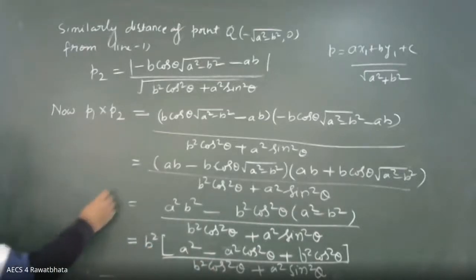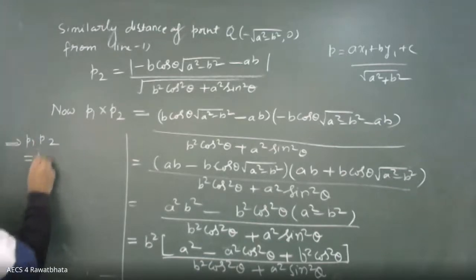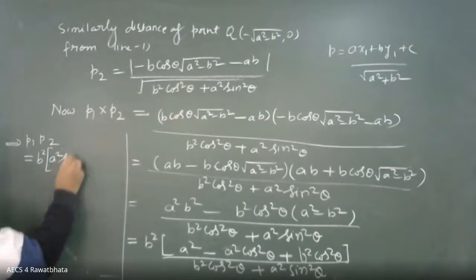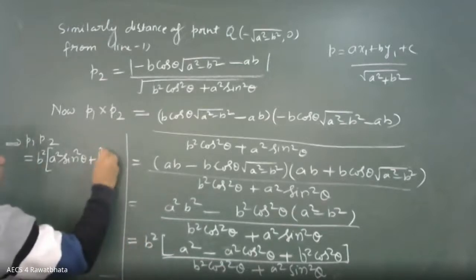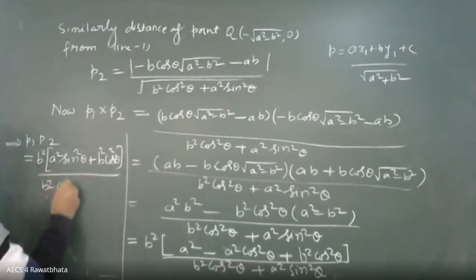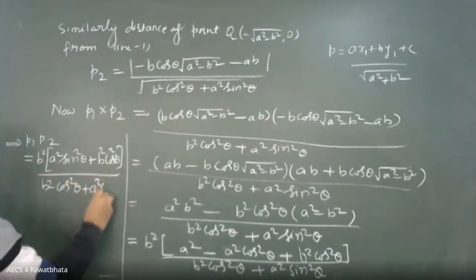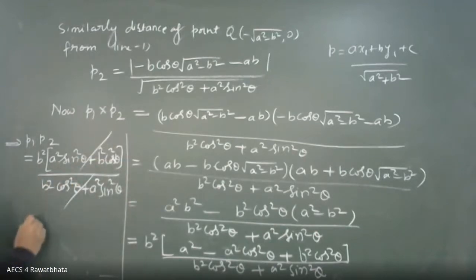So can I write here? Yes. So P1 P2 equals b square out, a square common, 1 minus cos square is sin square theta, plus b square cos square theta, whole upon b square cos square theta plus a square sin square theta, which gets cancelled, exactly the same thing. And here I get P1 P2 equal to b square.